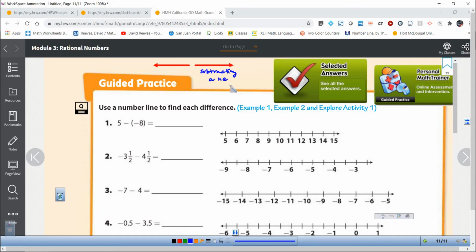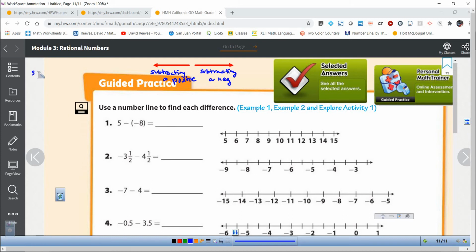We usually think of moving to the right as adding a positive, but of course we can subtract a negative. If we want to move to the left, that's when we are subtracting a positive. So anytime you subtract a negative, you should be moving to the right on the number line. Anytime you subtract a positive, you should be moving to the left on a number line.